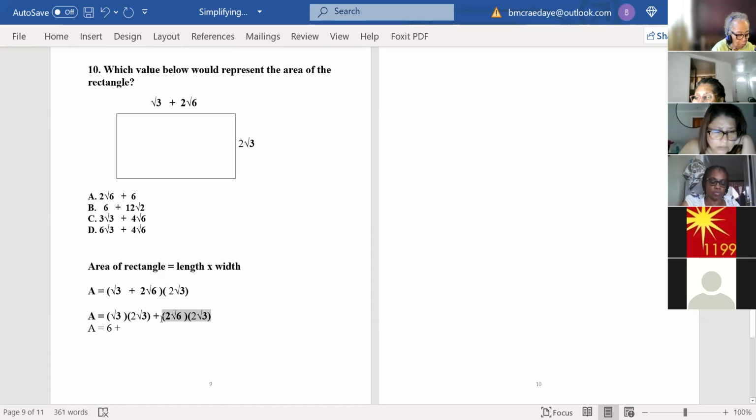We have 3. Now, the square root of 6 is square root of 3 times square root of 2.